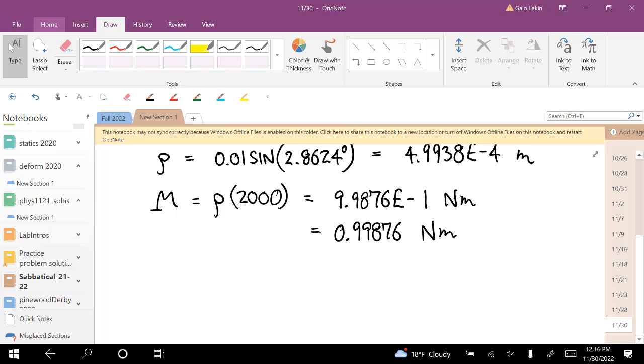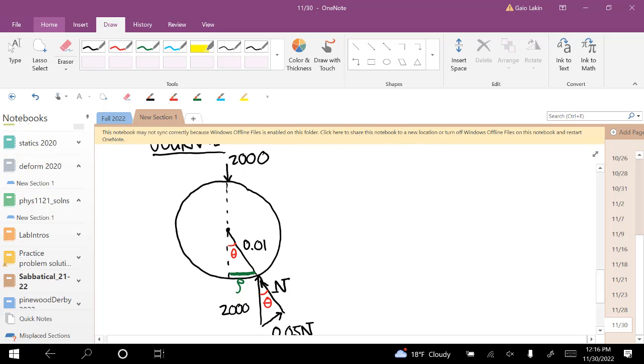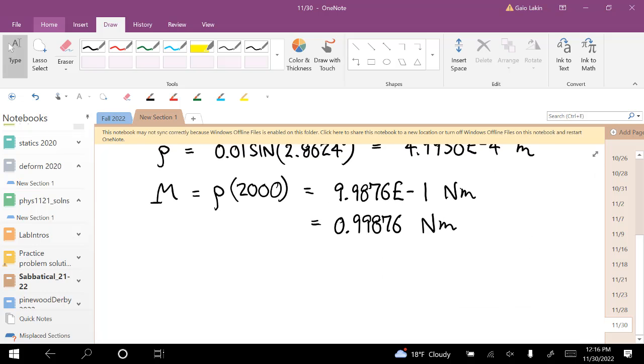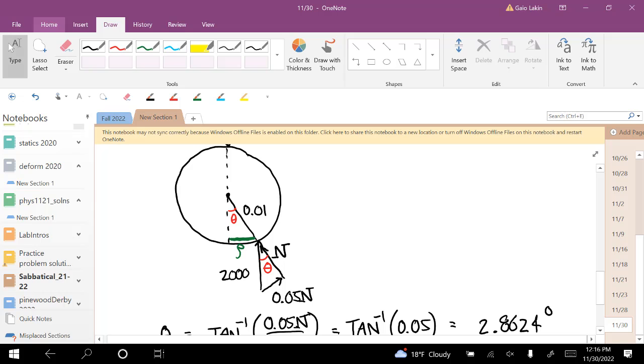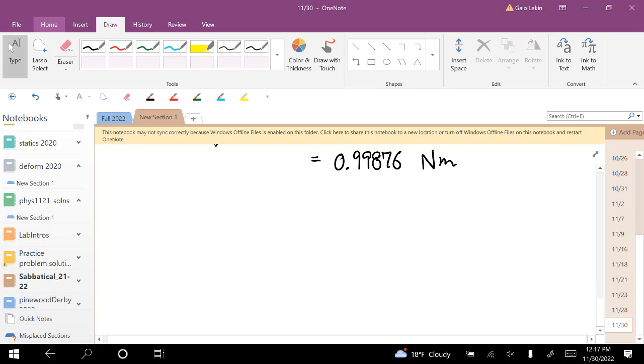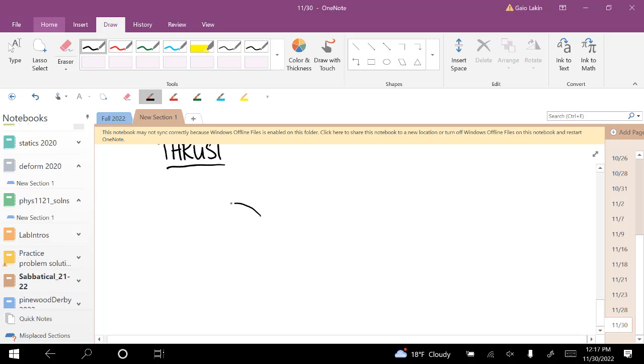Okay, so that's the couple required to keep it rolling if there was only the journal bearing friction. That's the radius of the axle. And now we're going to the thrust bearing. So we want to consider the total area that the thrust bearing is acting over.